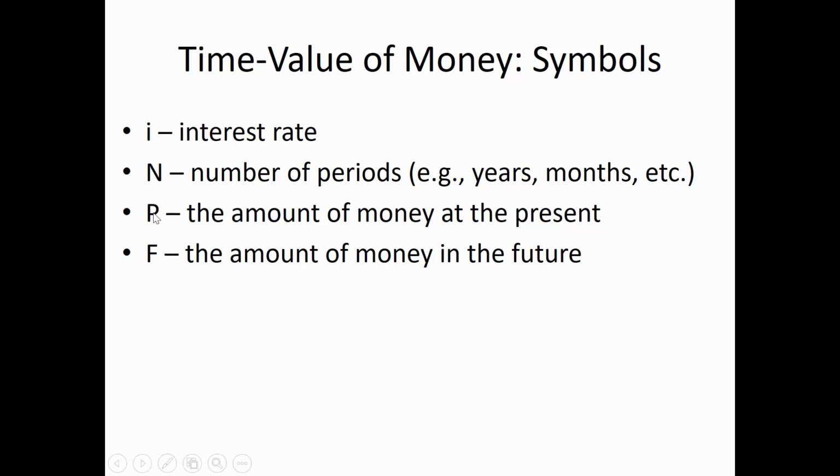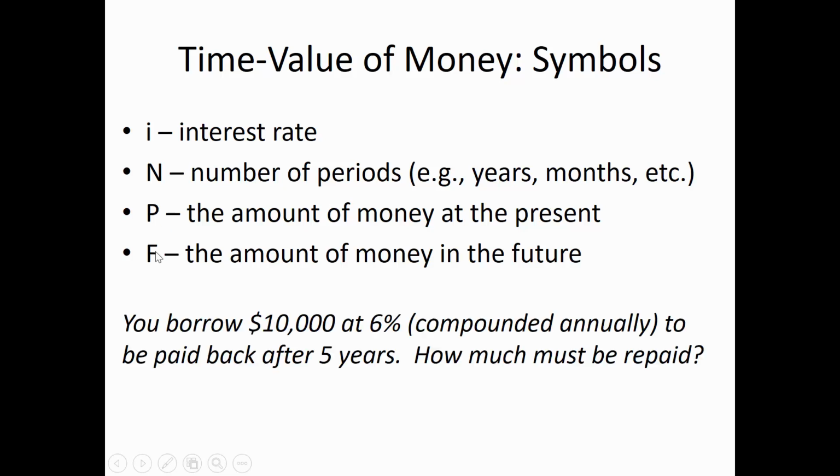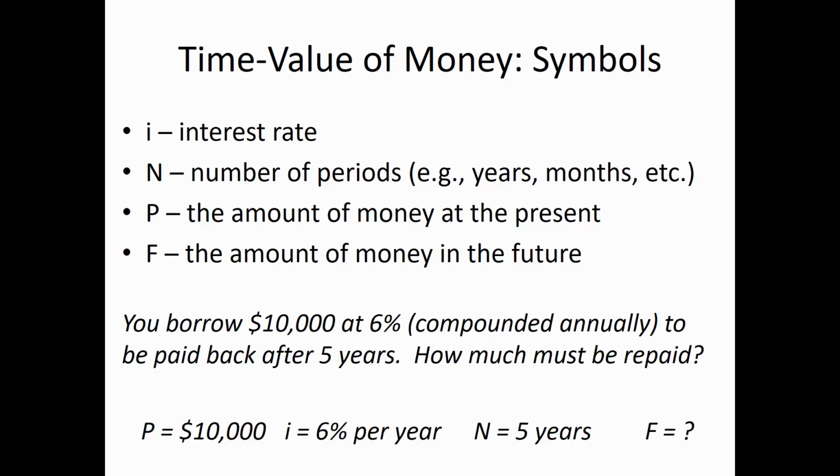We already talked about present amount, future amount, and annual amount. So if we were going to break this problem statement down into its symbols: you borrow $10,000 at 6% compounded annually to be paid back after 5 years. How much must be repaid? The way that we can translate that and assign the variables, like you have to do in a homework problem, by the way, so this is practice for that homework problem, you'd say P is 10,000 because that's some amount now.